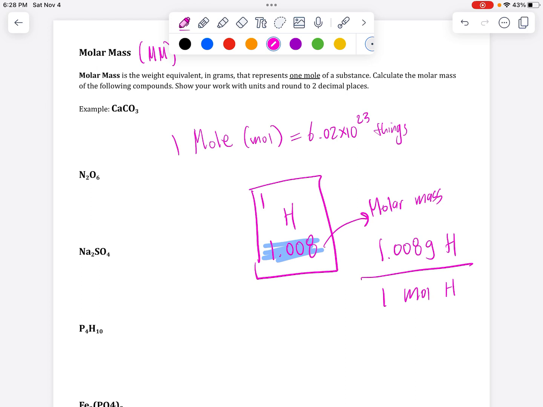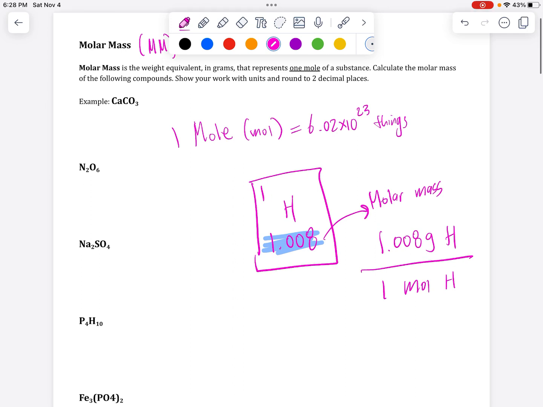The molar mass can be found on every block in the periodic table. For example, if I wanted to know about copper: a long time ago, I think before 1982, coppers were made from pure copper.